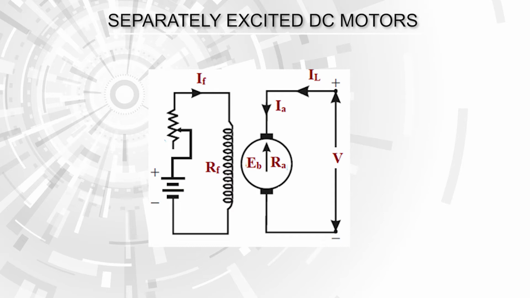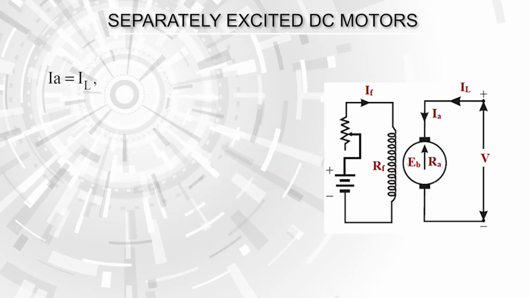The supply is given as voltage V, due to which a current flows, which is the load current, and the armature current goes through the armature. So here IL is equal to IA, that means the load current is equal to the armature current.